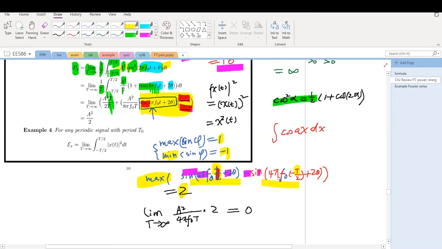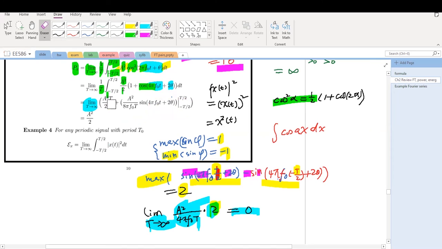So if we take 2 here, and this portion here, and then we take t goes to infinity, of course those are constant. A squared is constant, 2 is constant. You have this big T in the denominator, but t goes to infinity. Of course, this goes to 0.